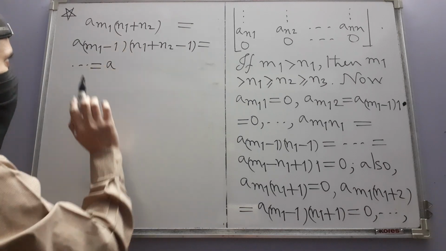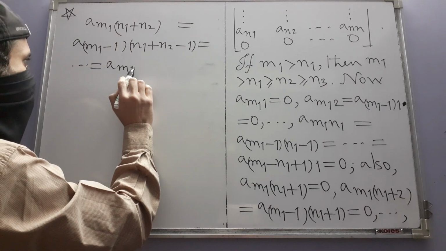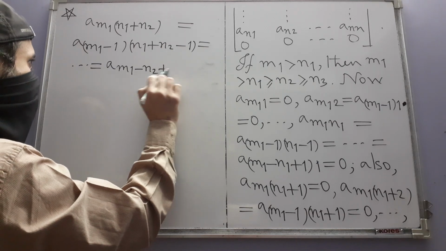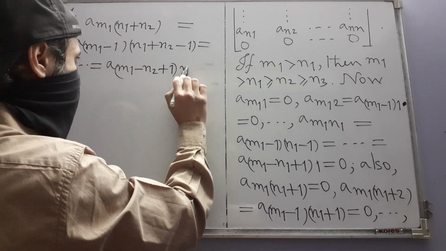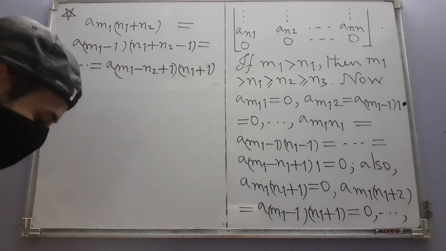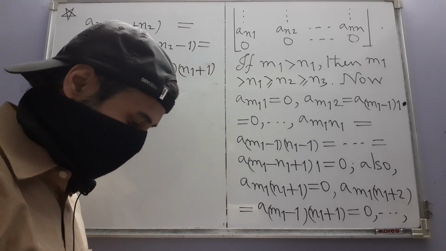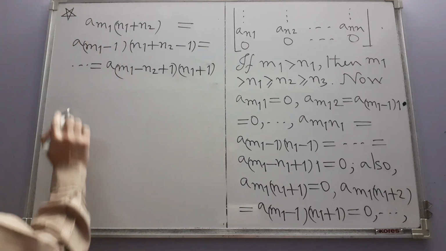So from this one also I have to subtract n2 minus 1, and that will give me this, and the second index becomes n1 plus 1. Is that what I have here? m1 minus n2 plus 1 and n1 plus 1, yes, fine.